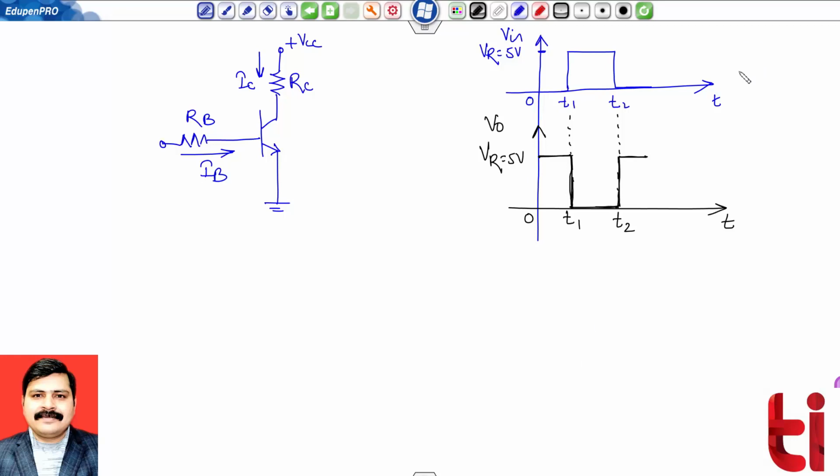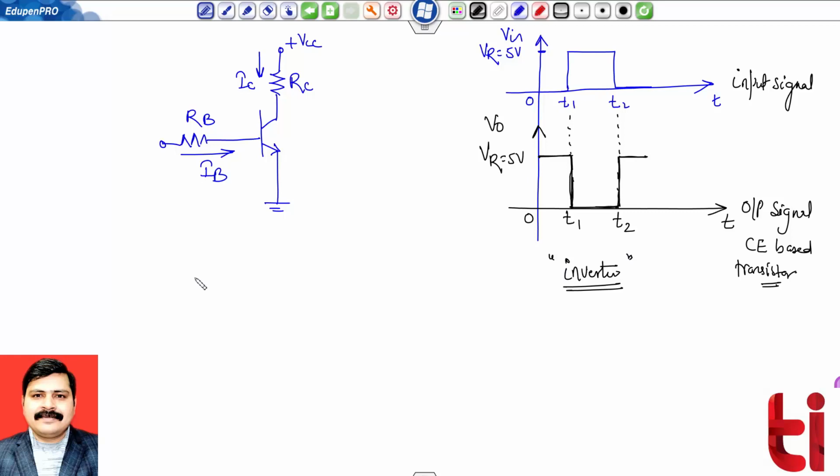So this is the input signal and the respective output signal for my common emitter configuration, or common emitter based transistor. We will see the working step by step. Let me write one more thing: it behaves like an inverter, like a NOT gate.